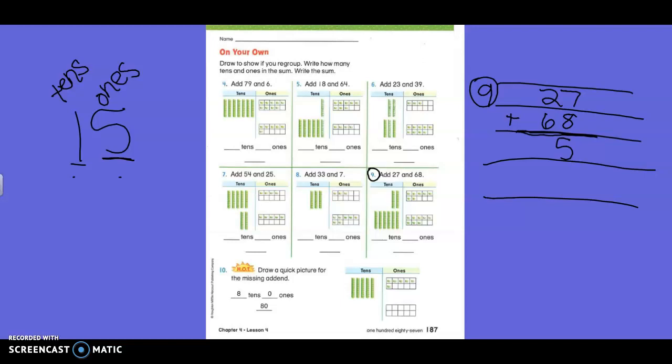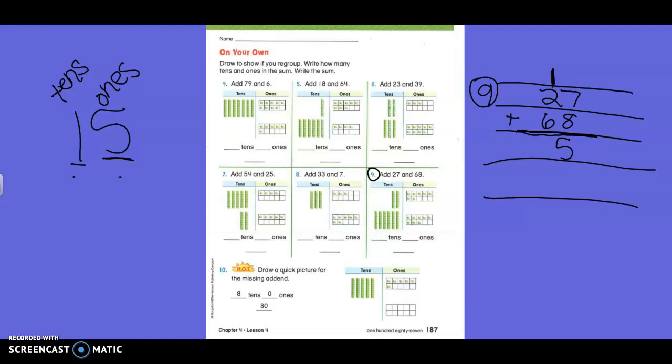Okay? Now we still have to write 15. Where's the 1 for the 15 going to go, Ivan? Bingo. On top of the 2. On top of the 10s side, right? On top of the 2. Okay.